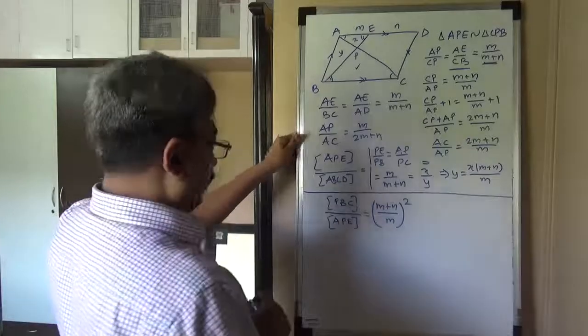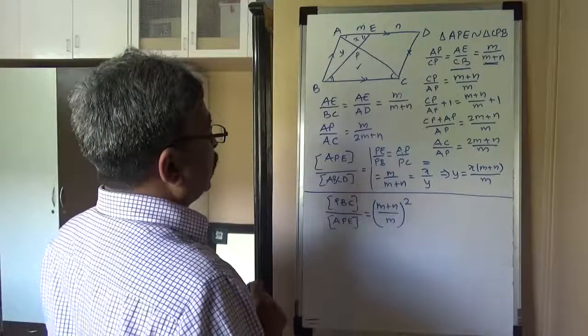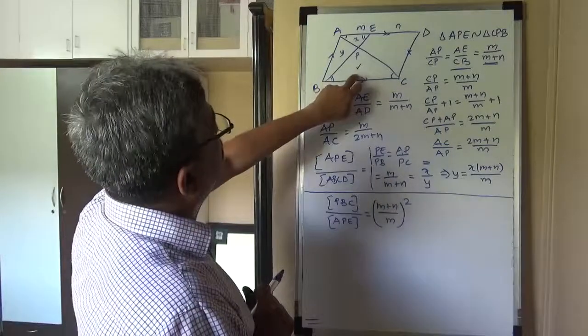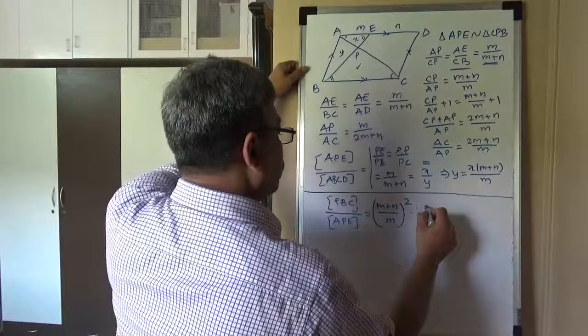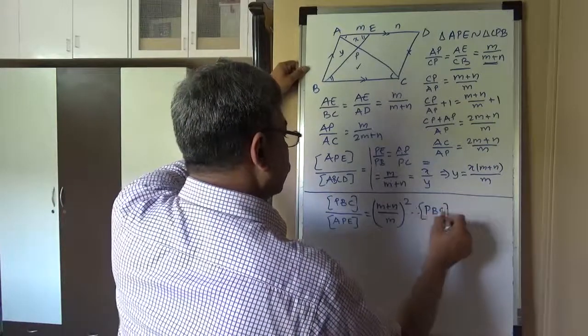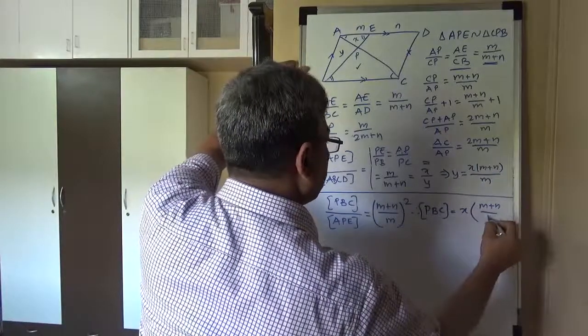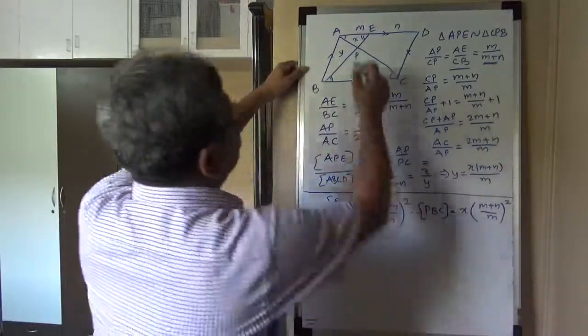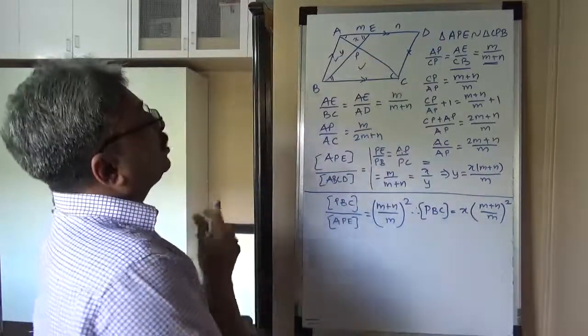And now the question is how much is this PBC? Therefore APE is X, therefore PBC is equal to X into M plus N upon M bracket squared. So we got this area also. This area is also known, this area is also known.